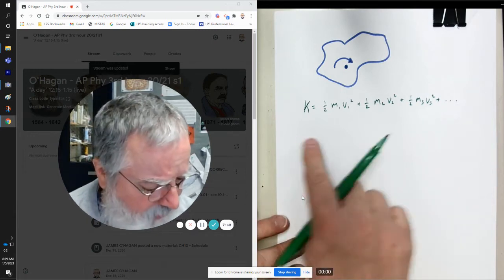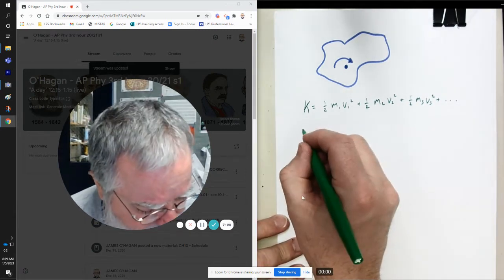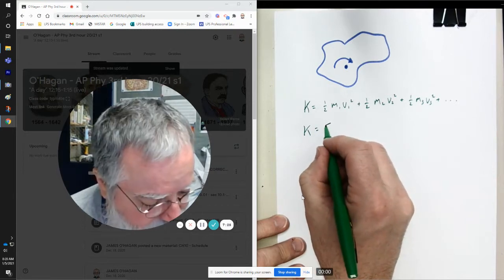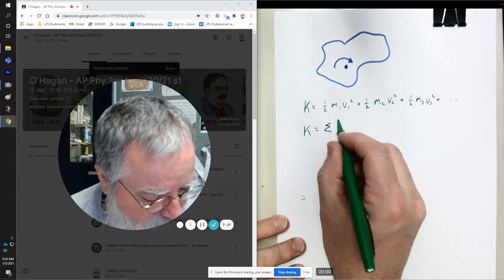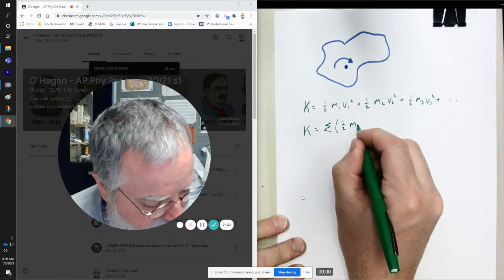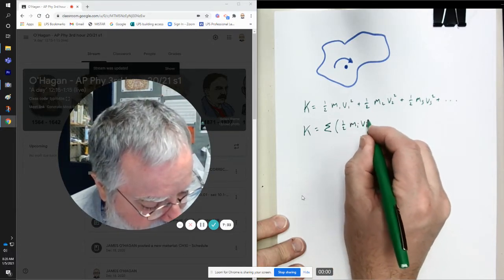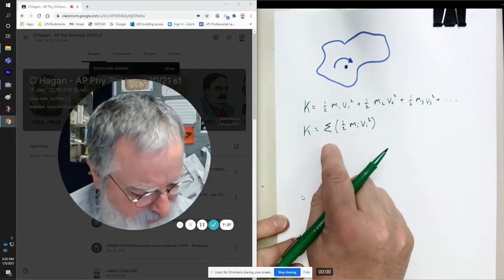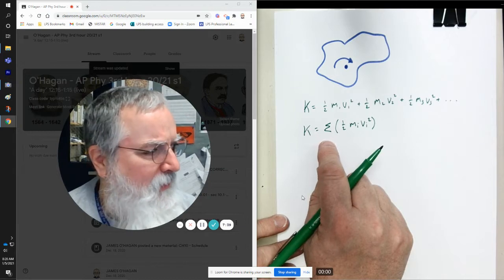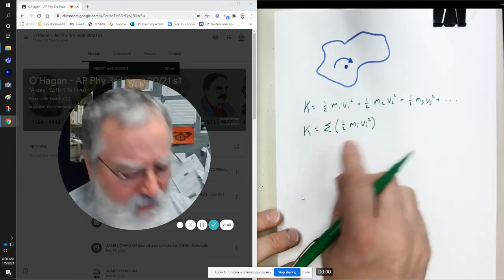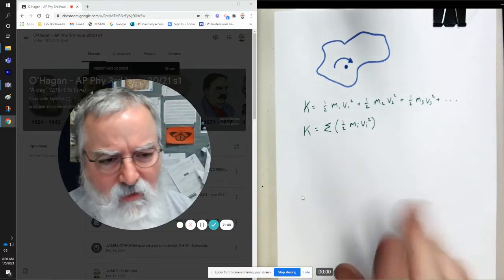Nobody likes writing it this way, so let's write it this way: kinetic energy equals the summation of 1/2 m_i v_i squared. There are ways to write this with i equals 1 to n, but anyway, I'm just going to add them all up. So let's not get all crazy about this.